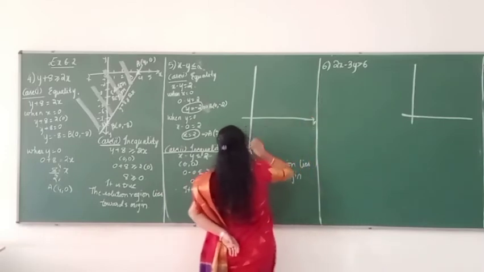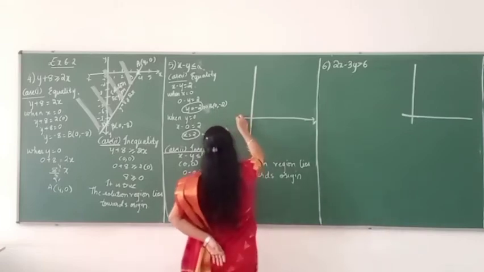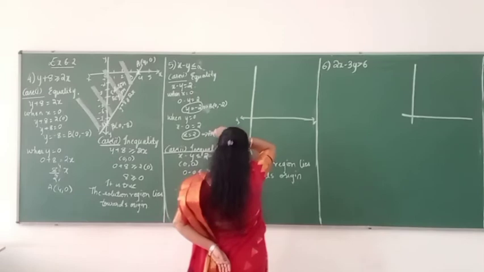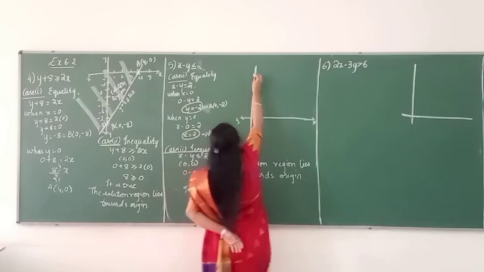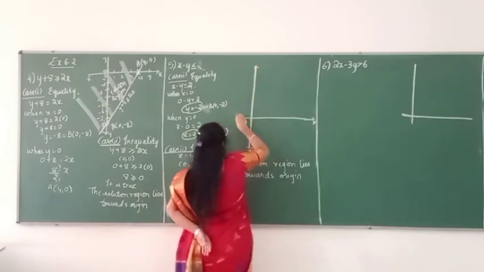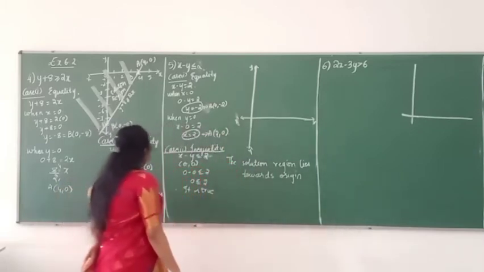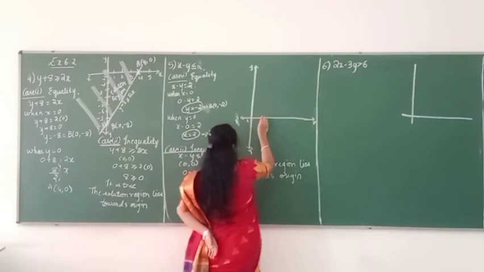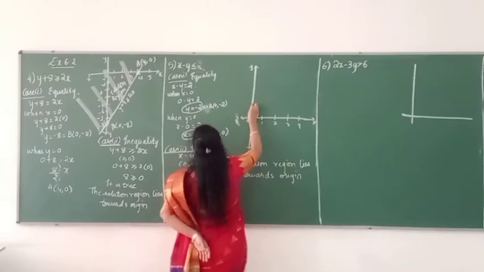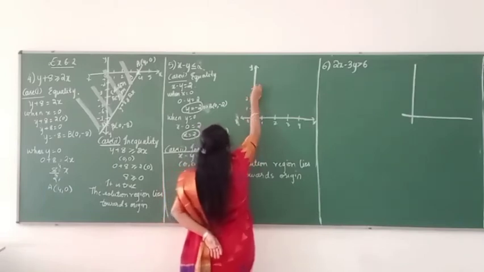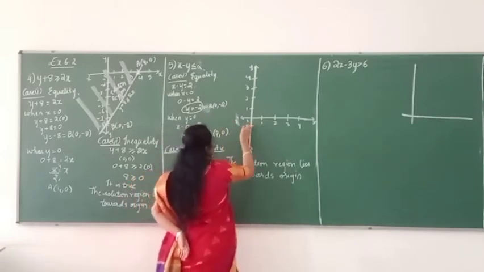x, y dash, y, x dash, and this will be your y. Now we just need to plot on the graph 1, 2 and 3, 4. So this will be 1 and 3 and 4. And next one here we have negative.